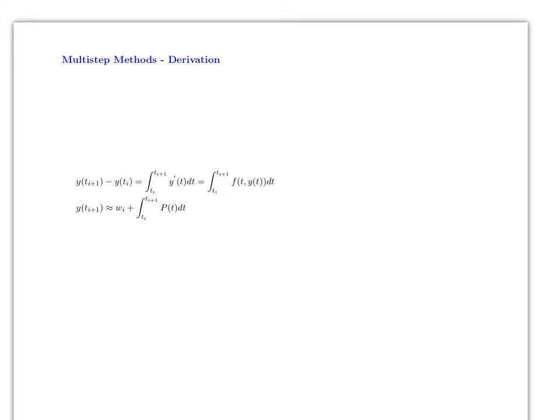Now, the next obvious question is, well, how do we get these equations, or where do these equations come from? And by these equations, I mean the Adams-Bashforth and the Adams-Moulton methods. Now, there is more than one way to derive this, and in the homework question, they ask you an alternative way. Remember that Taylor series is always a good choice.